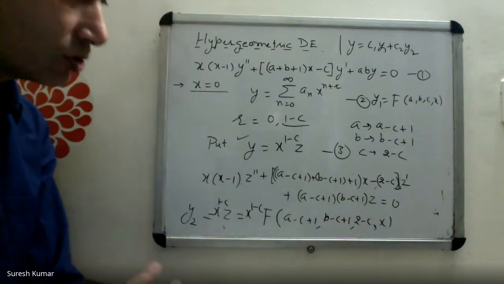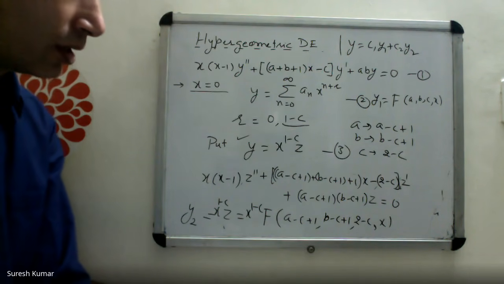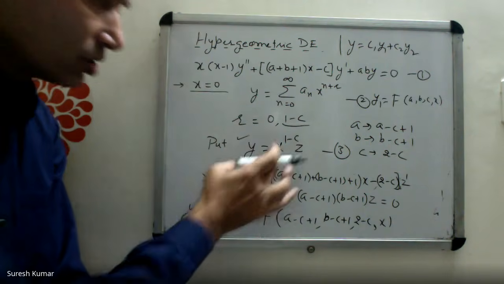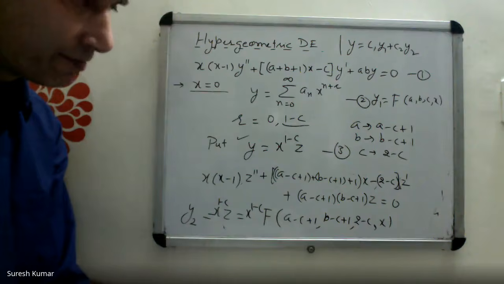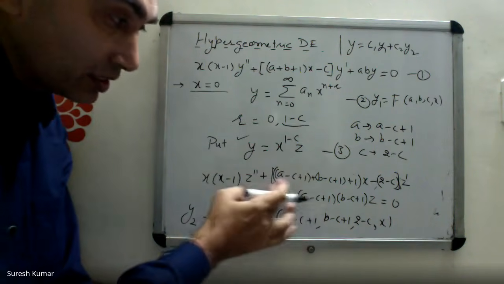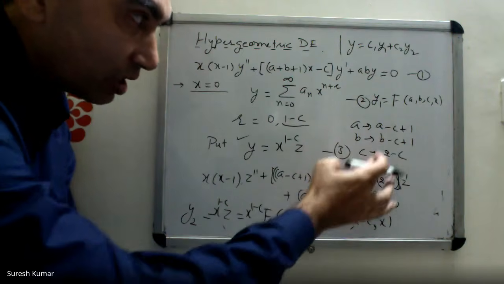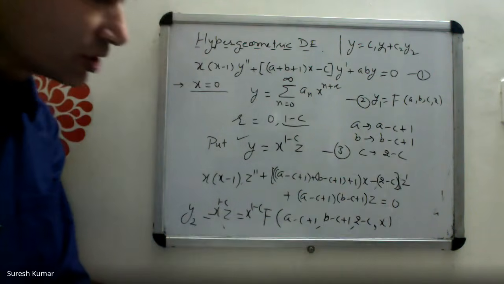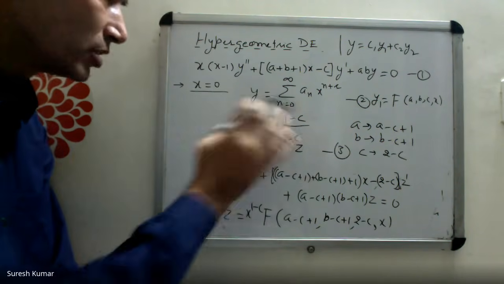Also you should understand the importance of the hypergeometric equation. With this transformation, that equation goes in terms of z and x. And you can clearly see it is again hypergeometric. The only difference is of constants. a, b, c have gone to these new constants. So this is the solution corresponding to 1 minus c.